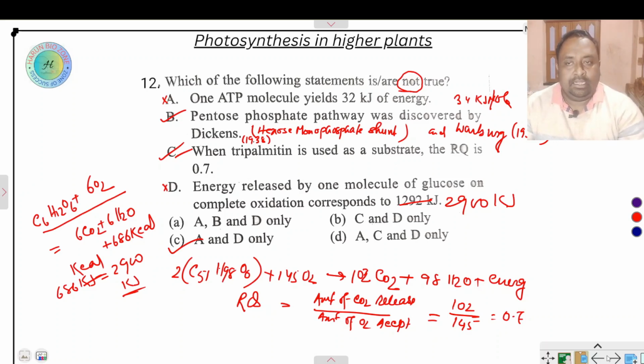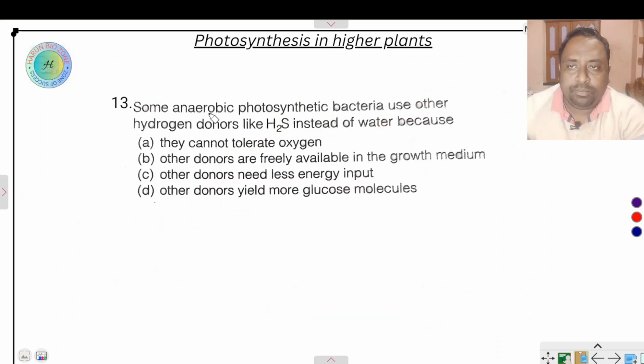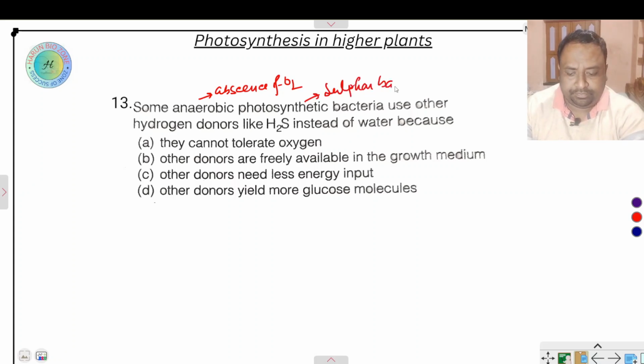Next question, some anaerobic photosynthetic bacteria, anaerobic means in the absence of oxygen, photosynthetic bacteria, that is called sulfur bacteria. Sulfur bacteria use other hydrogen donor like H2S.